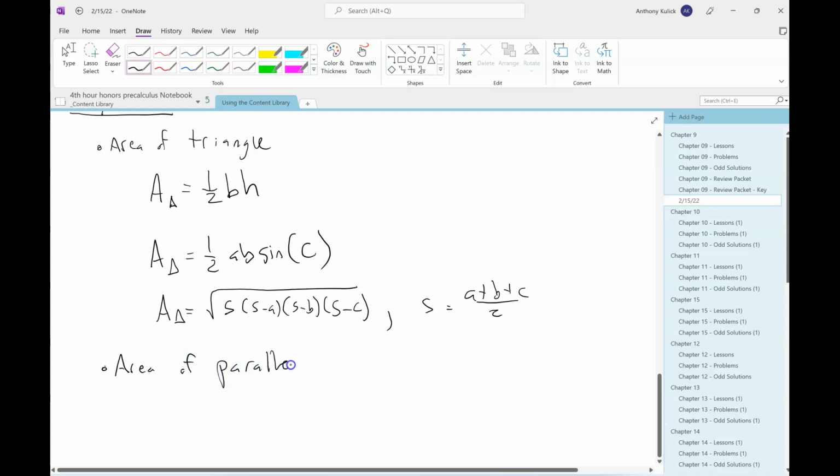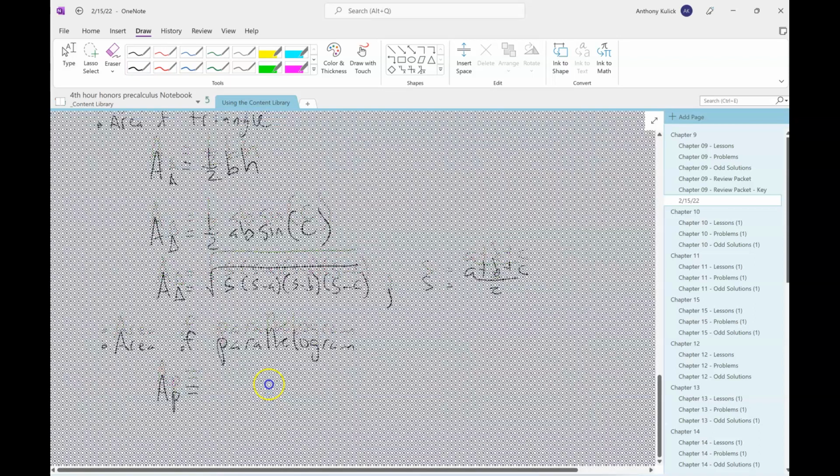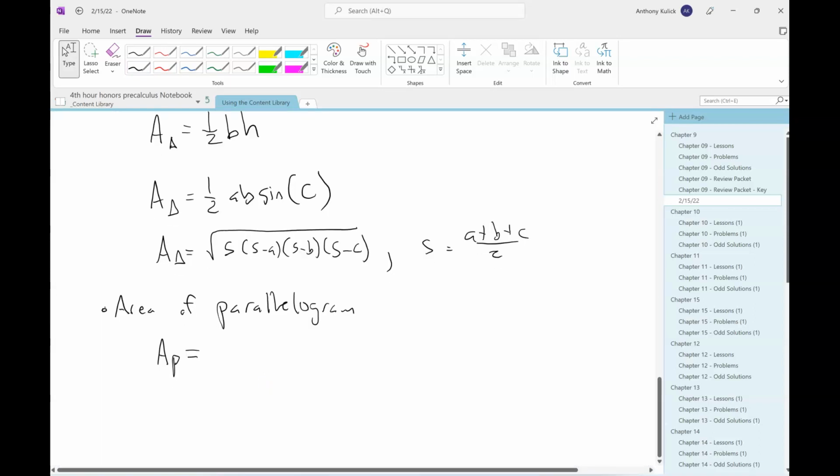How about the area for a parallelogram? Does anybody remember what that is? Put on those geometry thinking caps. It was a long time ago, but it was an easy formula to remember. It's just base times height.